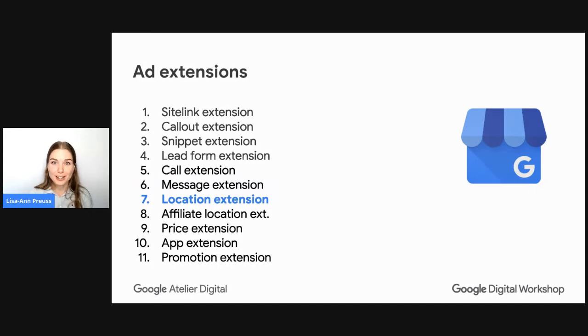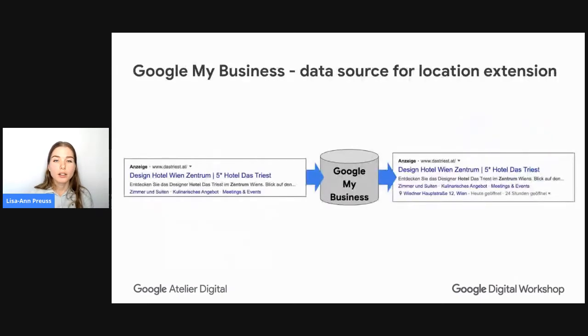The location extension. This is great for all of you who have a location, like an office or a business that can be visited by clients. What you have to do here is link Google Ads with your Google My Business entry, because Google My Business here is actually the data source for location extensions.